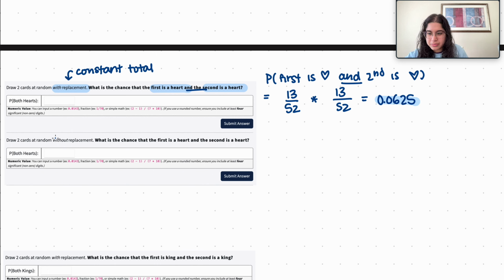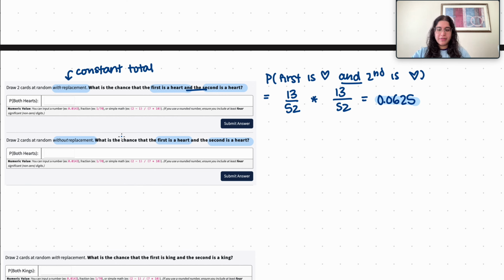Now the second problem says, draw two cards at random without replacement. What is the chance that the first is a heart and the second is a heart? This is almost exactly the same as the previous question, except since we're drawing without replacement, when I pick my first card, I don't put it back in the deck.